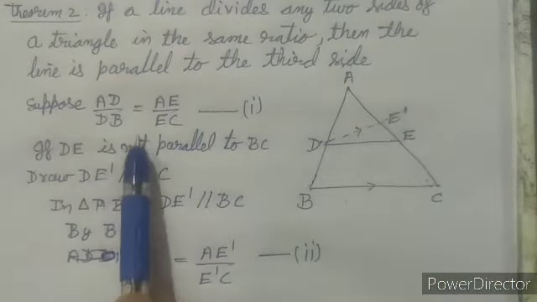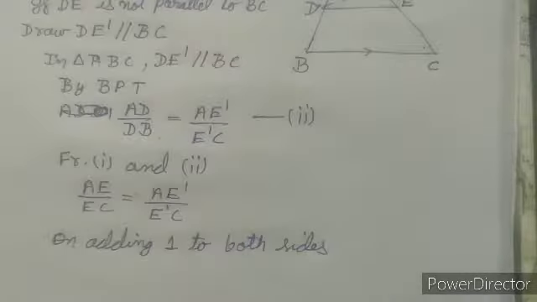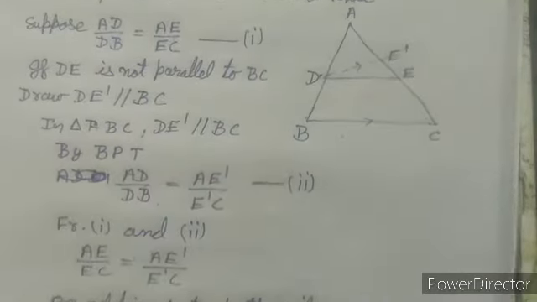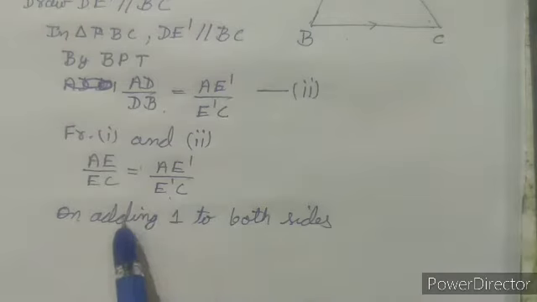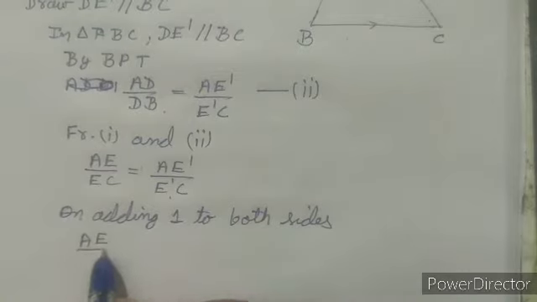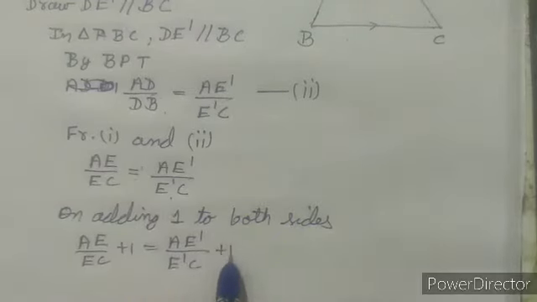Now as we see here, the left hand side of equation first and second is equal, so their right hand side will be equal. So from first and second we are getting AE upon EC is equal to AE dash upon E dash C. Now on adding 1 to both sides of this equation, we will get AE upon EC plus 1 equal to AE dash upon E dash C plus 1.